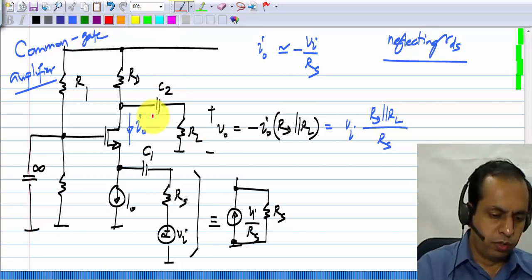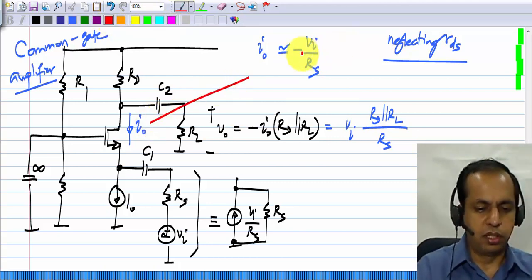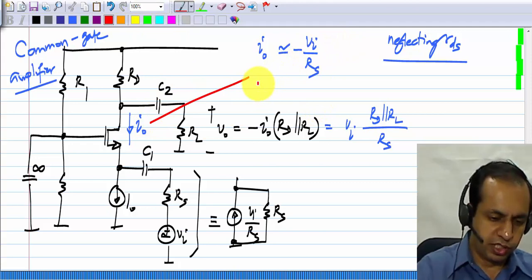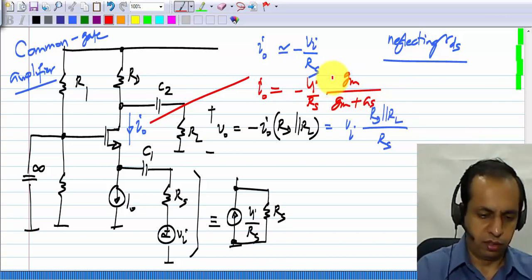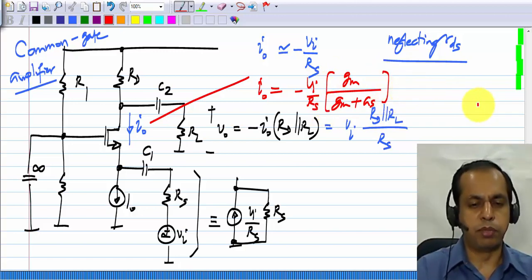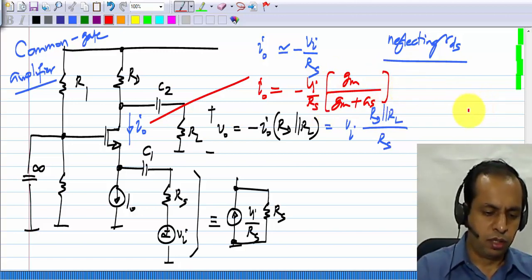Now, we know that this I naught is approximately minus Vi by Rs, but it's really minus Vi by Rs times Gm by Gm plus Gs. Okay. So this number is close to 1, but not exactly 1.